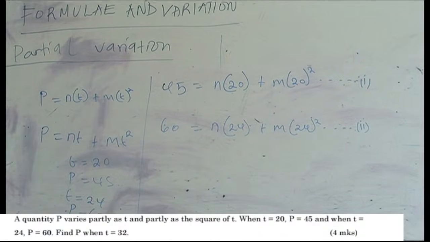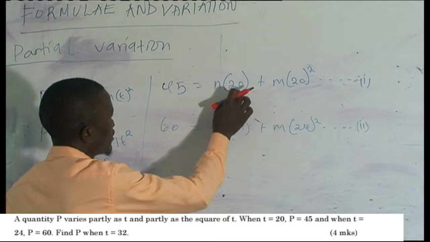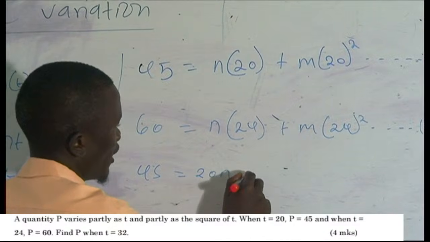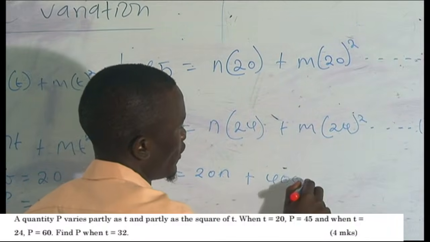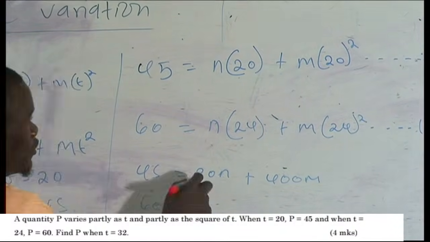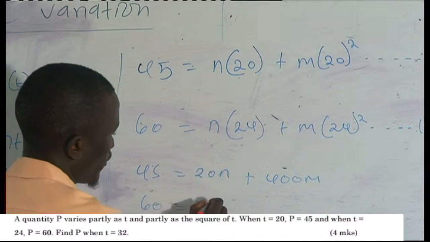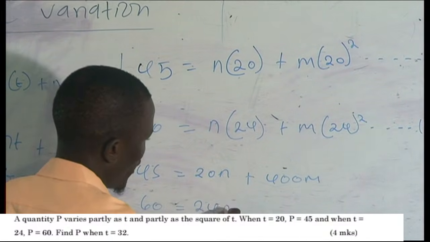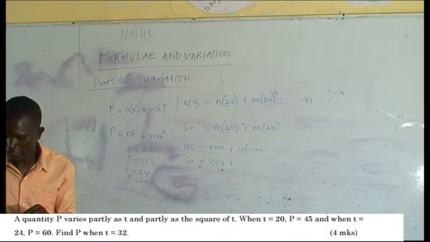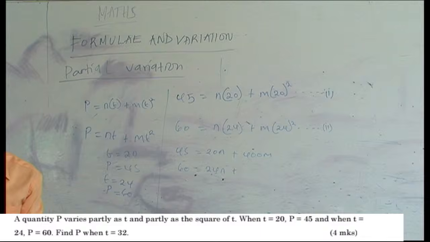Now, what do we do? We get 45 is equal to 20n plus 400m. Then we have 60 is equal to 24n plus 24 squared, learners.